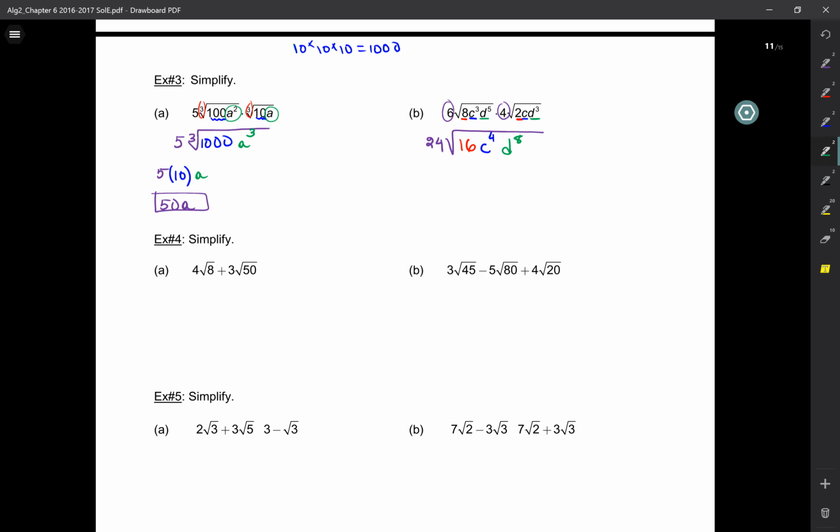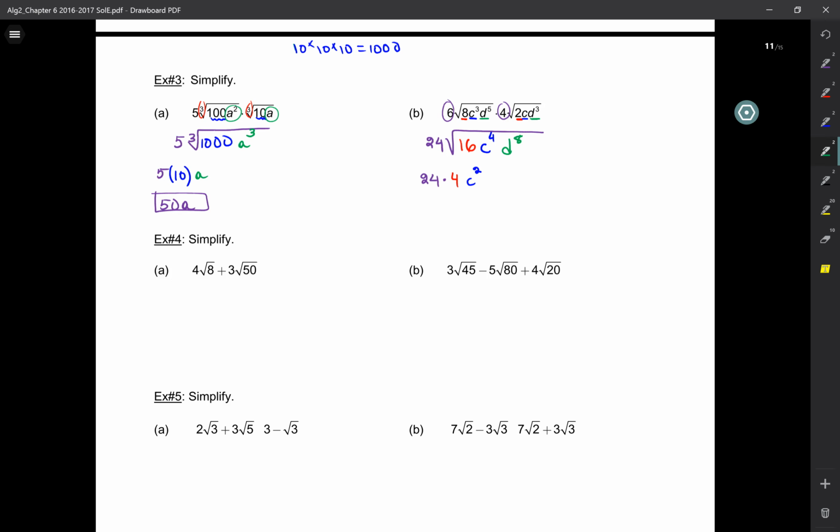Okay? Now, I have a 24 outside, times. Now I have a square root, right? I'm grouping by 2's. What does 16 come out as? 16 comes out as 4. C to the 4. I have 4 C's, grouping them by 2's. I got 2 groups. C squared. D to the 8.